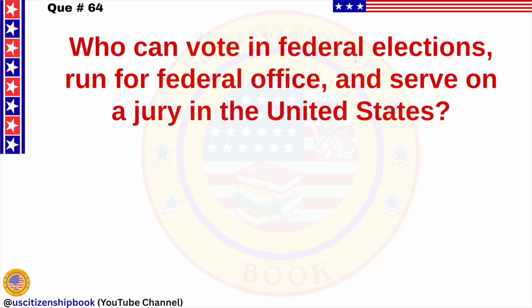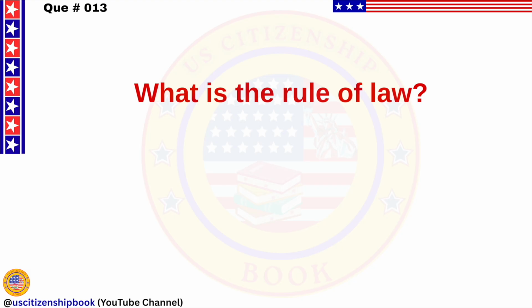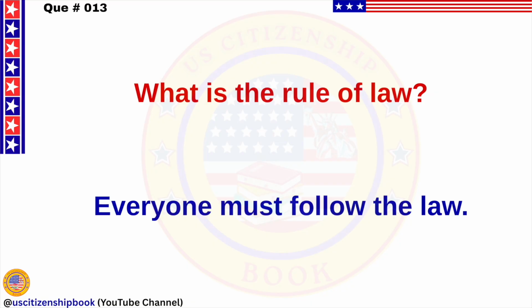Who can vote in federal elections, run for federal office, and serve on a jury in the United States? Citizens of the United States. What is the rule of law? Everyone must follow the law.